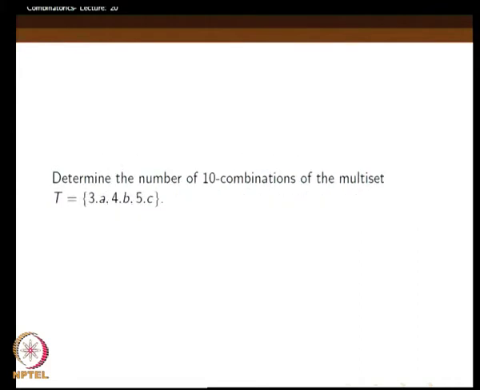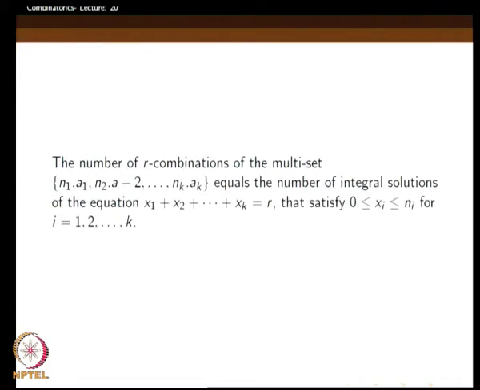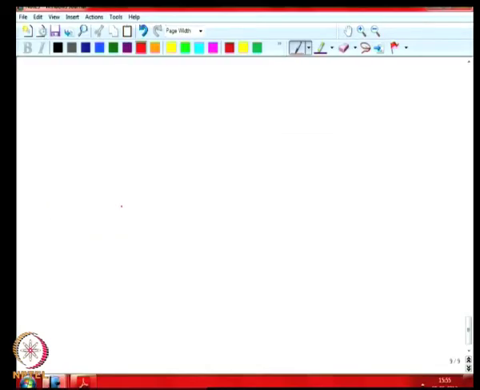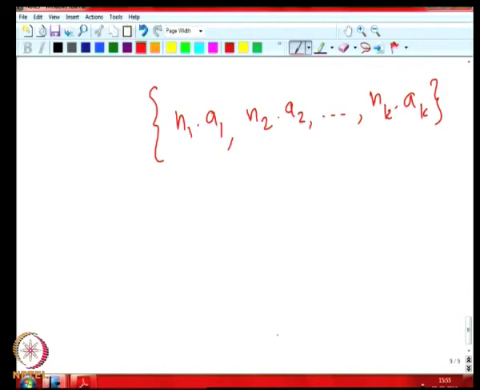So, fine. So, I will explain it using the, see, this is the multi-set we are interested in, N1 A1, N2 A2, and this is NK AK. There are k types of things, and each Ai is coming ni times in the multi-set. Now, we want to make R combinations, right.